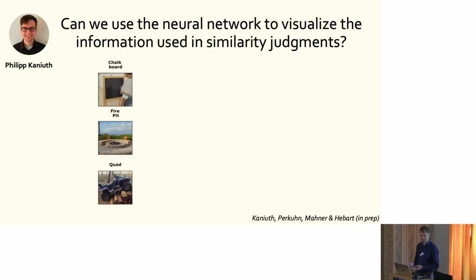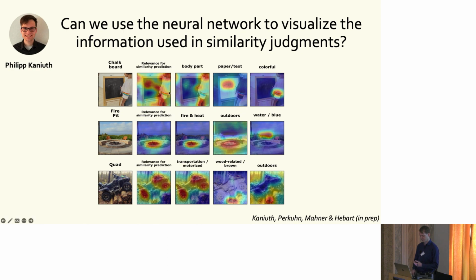But another thing that's quite nice is that now that we have this image computable model of these individual dimensions, we can take an individual image that we show the neural network, and make predictions about what parts of the image are being used by people when they are making these judgments. So we can see what parts of the images may be responsible for the similarity judgments. You can look at, for example, this body part related dimension, and you can see that it's highlighting the body parts of the person.